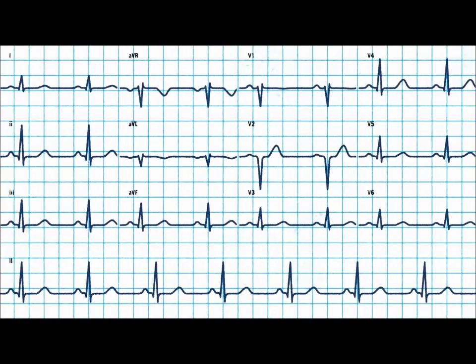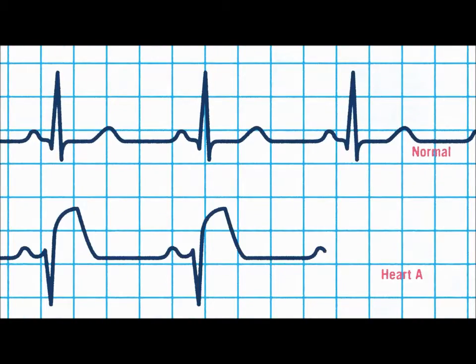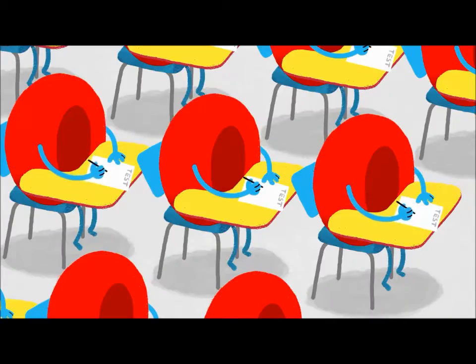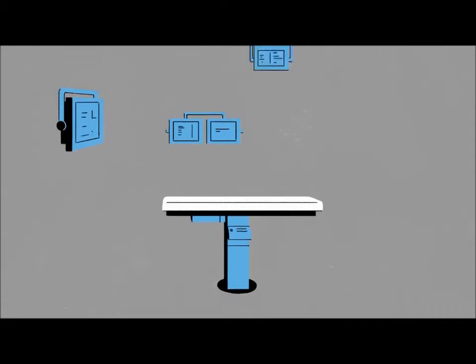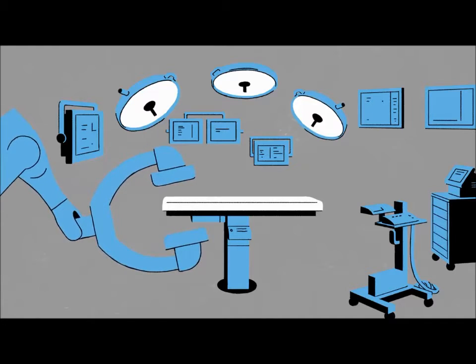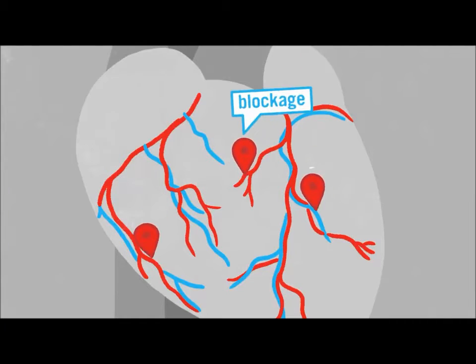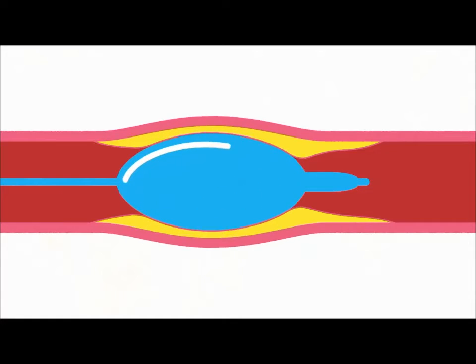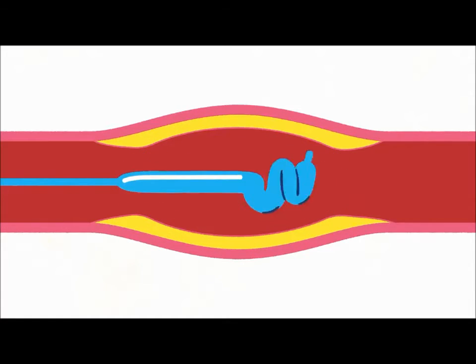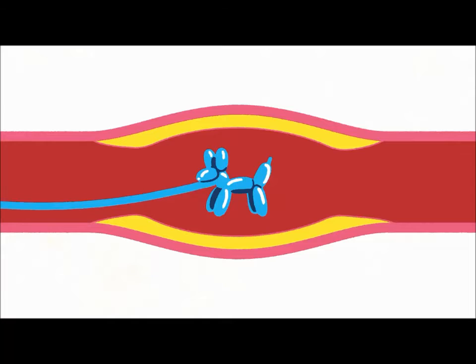They commonly use an electrocardiogram to measure the heart's electrical activity, and a blood test to assess heart muscle damage. The patient is then taken to a high-tech cardiac suite, where tests are done to locate the blockages. Cardiologists can reopen the blocked artery by inflating it with a balloon in a procedure called an angioplasty.